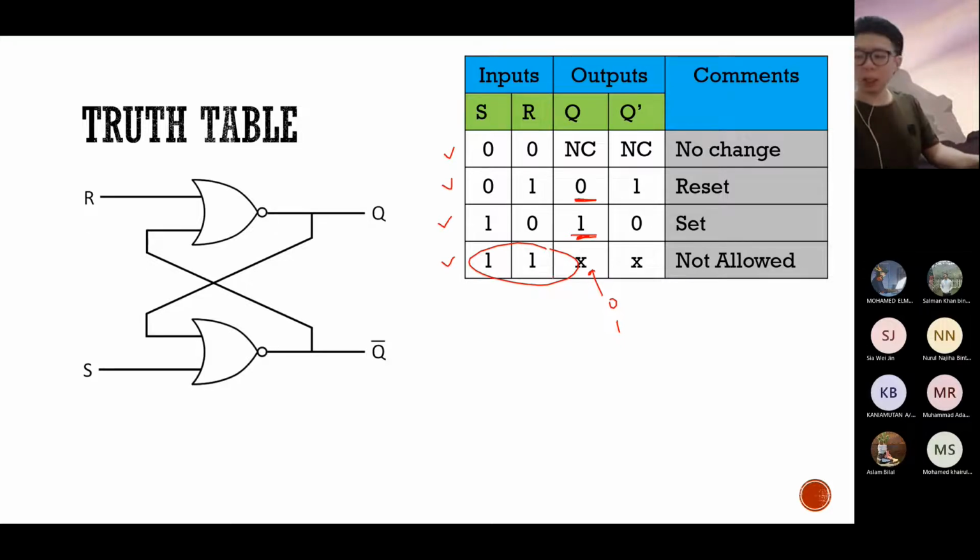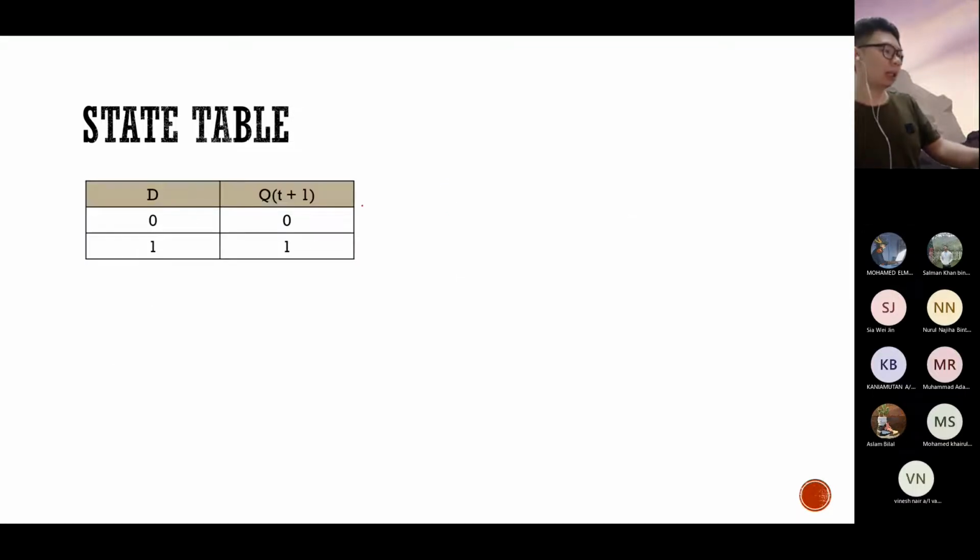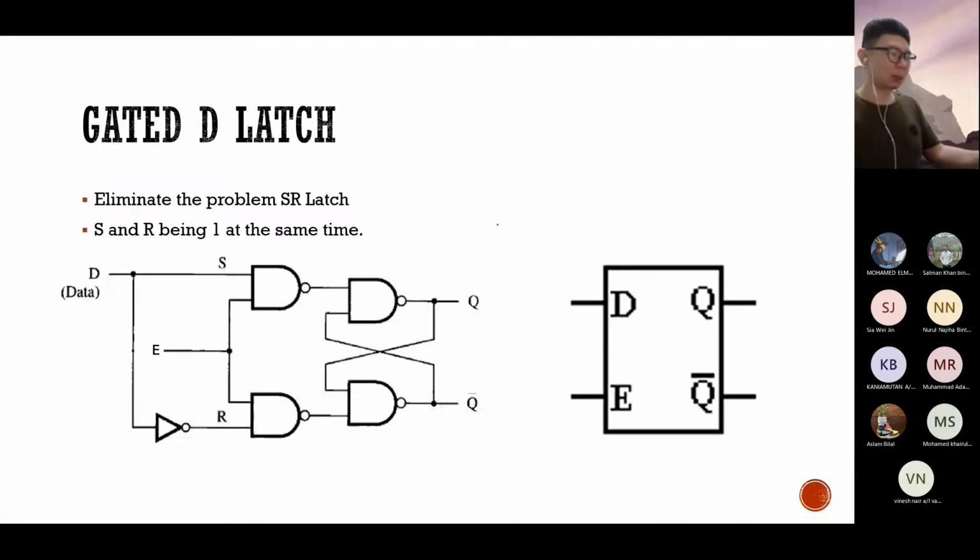That's the SR latch. I believe we also talked about the other latch, which is the D latch. The D latch is much simpler. It is a latch that is supposed to solve the problem of the SR latch, remember?